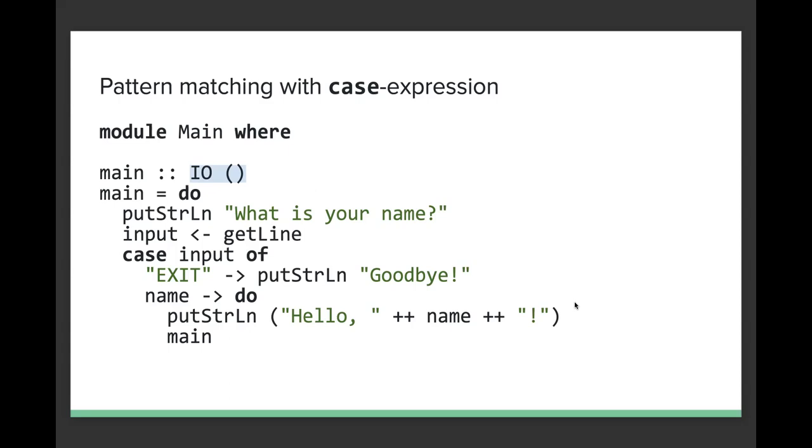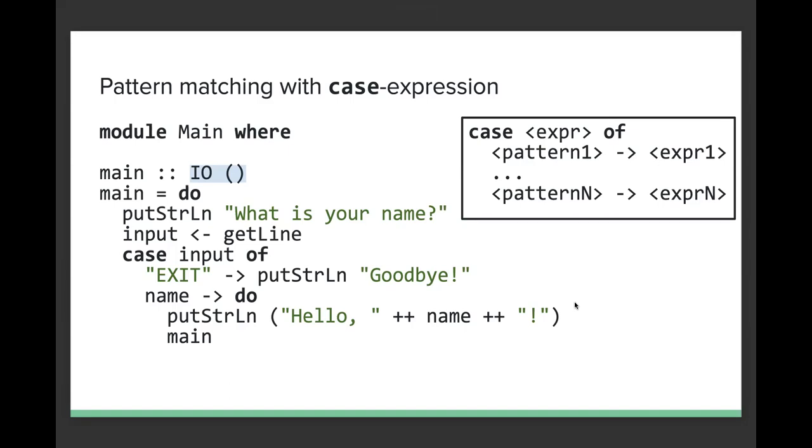Okay, very good. So here's the general form of the case expression, which is very easy. The main difference I would say between case and using a locally defined function is that with a function you can have multiple patterns for several arguments.